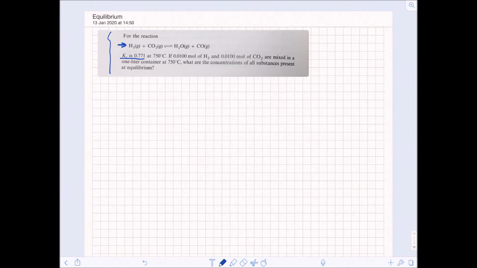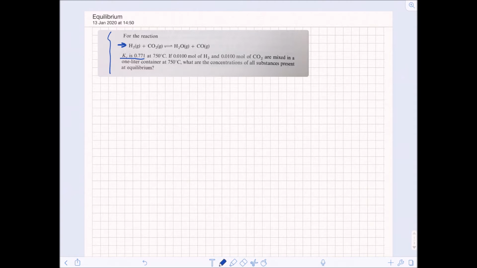Well, first we have to realize that since we have a 1 liter container, the concentrations will be equal to the moles of each substance, which simplifies things a little bit for us.